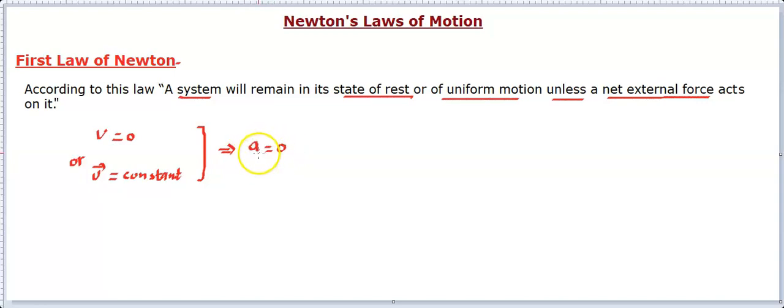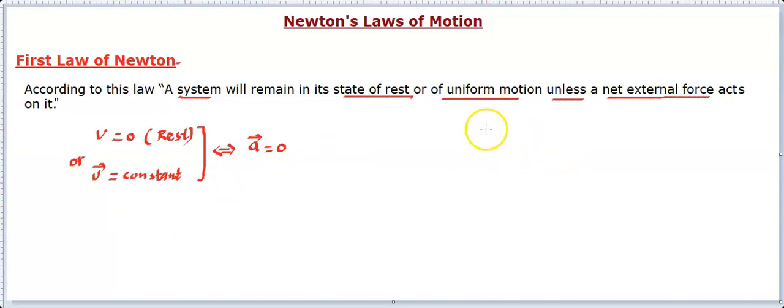If acceleration is zero, velocity is not changing. So if acceleration is zero, there are two conditions: either the rest condition, or the condition of uniform motion or uniform velocity, and these two together make this. So basically the first law says, if acceleration is zero, net force has to be zero, and if net force is zero, acceleration has to be zero. This is the interpretation of the state of rest and state of uniform motion.